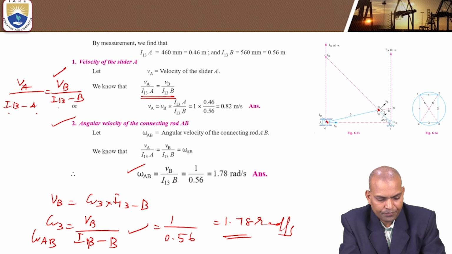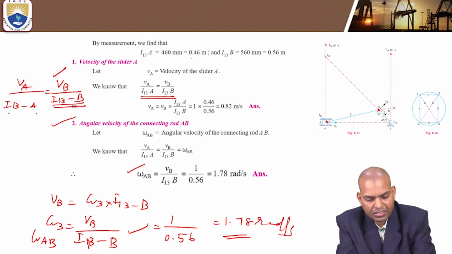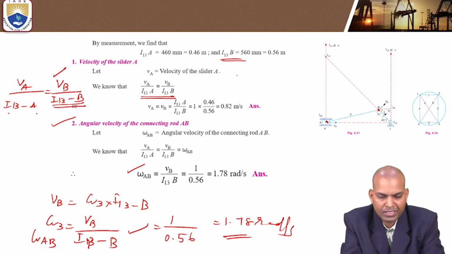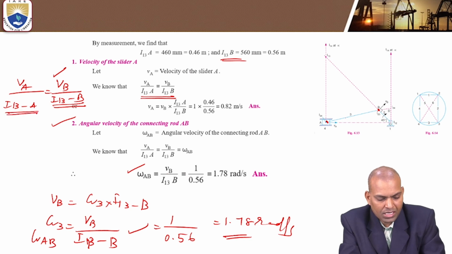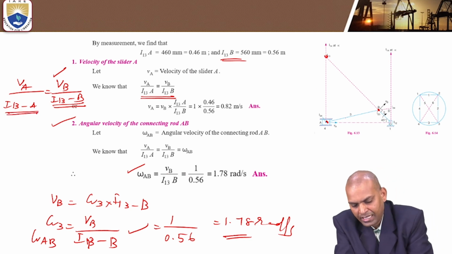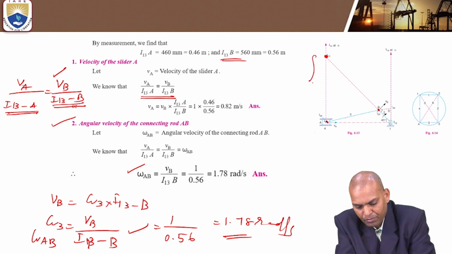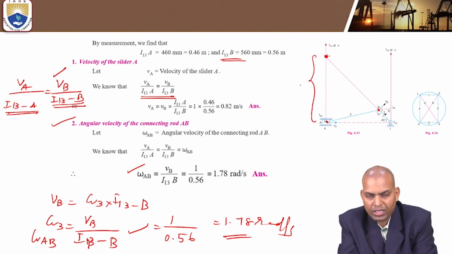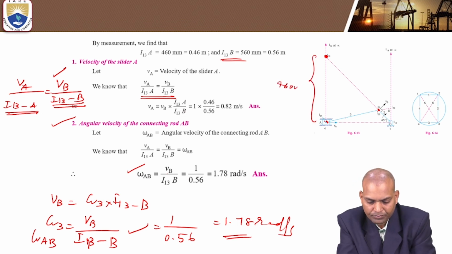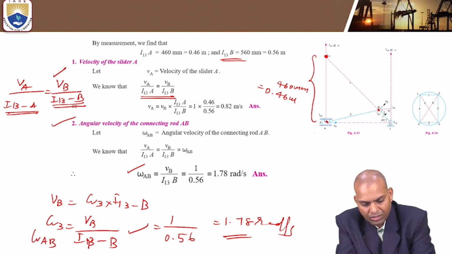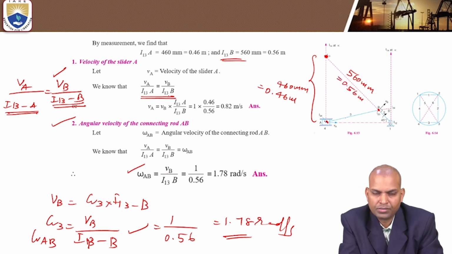We know VB and the distance I1,3B, which is 560 millimeter, that is 0.56 meters. The distance I1,3 to A, if you measure, comes as 460 millimeter, that is 0.46 meters.